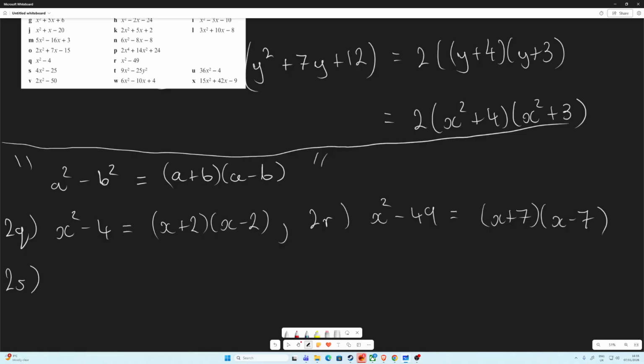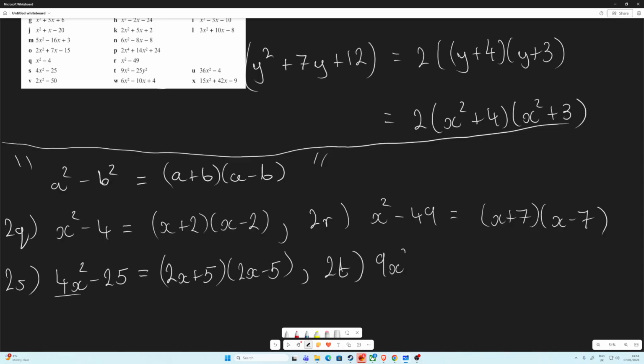To s, we have 4x squared minus 25. This is still a perfect square. 2x times 2x is 4x squared, so that's just 2x plus 5, 2x minus 5. To t, we have 9x squared minus 25y squared, so that's 3x plus 5y times 3x minus 5y.